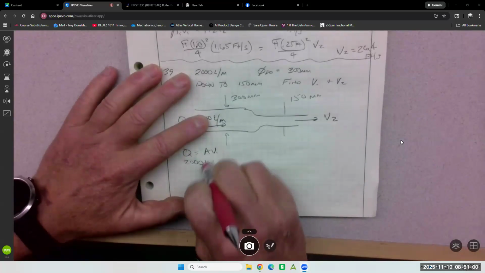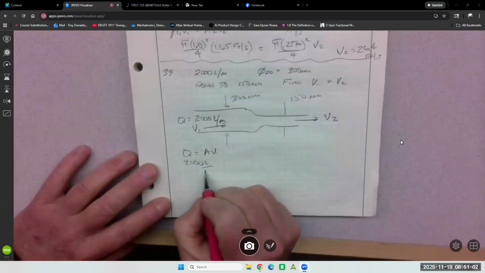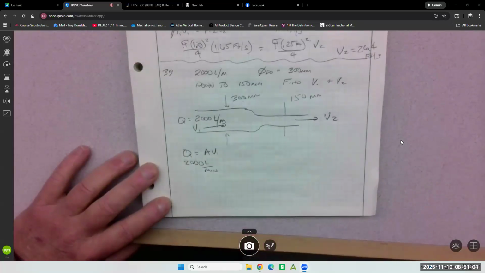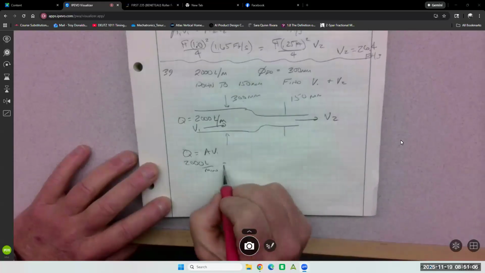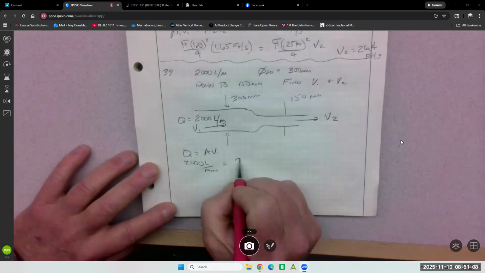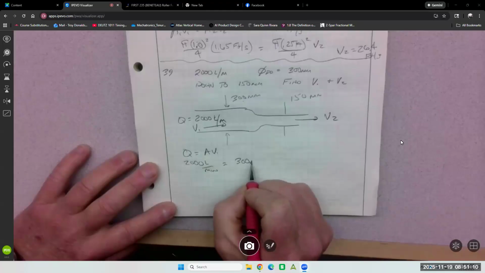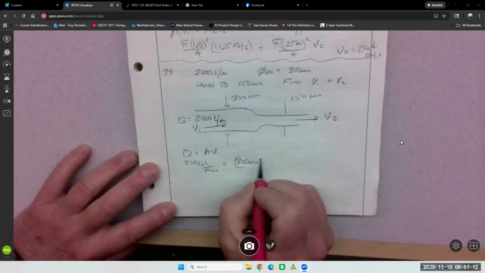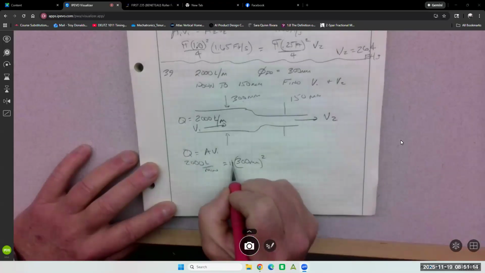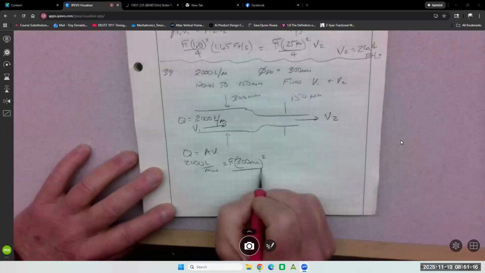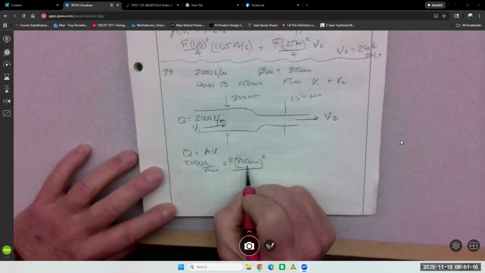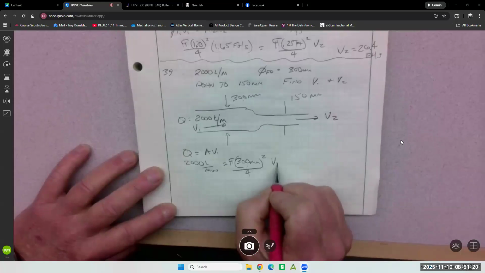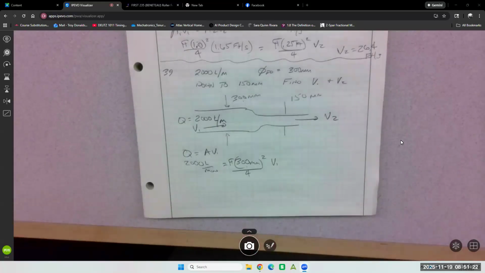It's good to talk it out. And that's going to equal 300 millimeters squared pi. So that's our area, and this is our V1, which we don't know.